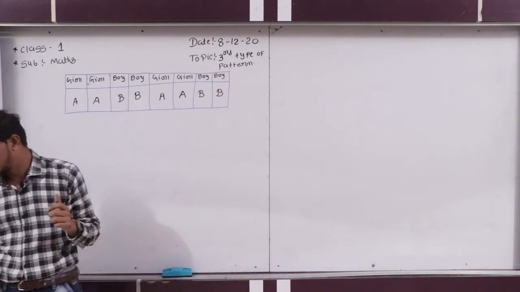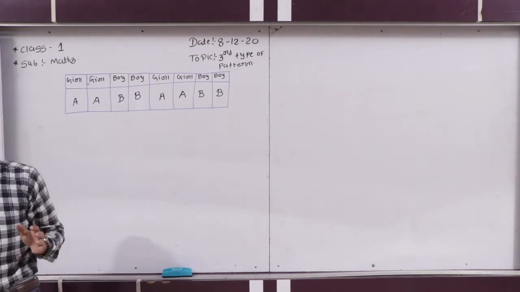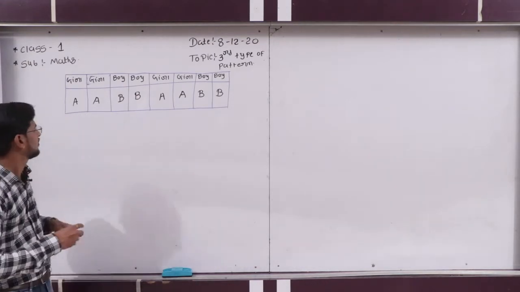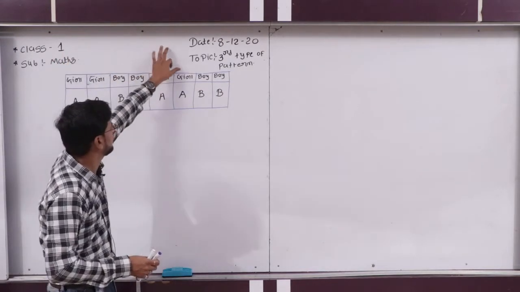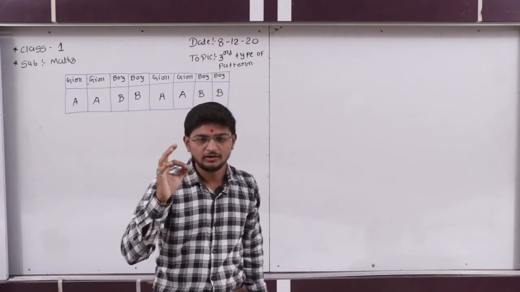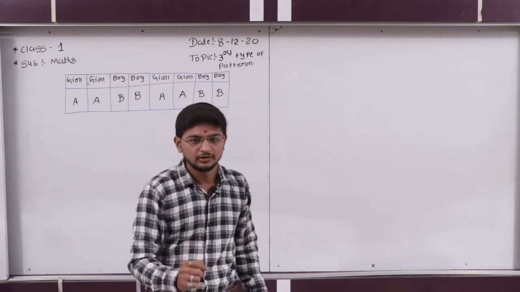Here you can see 4 things made up of 2 pairs: first pair, second pair, third pair and fourth pair. How many total things here? 4 girls and 4 boys, made up of 2 pairs.